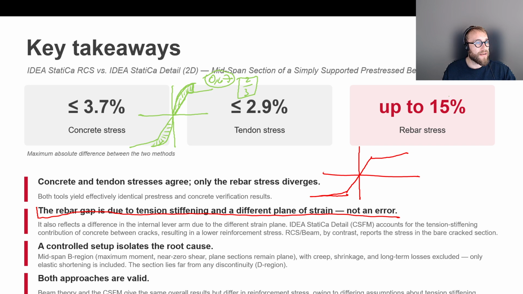They can be up to 15% if you compare with the standard solutions that come for a standard naked bar, and the different assumptions that we have in the RCS. It is very important that both approaches are valid, because the beam theory and CSFM give the same overall results but differ in the reinforcement stresses, and the differences are based on the different assumptions for the reinforcement rebar diagram that considers tension stiffening.